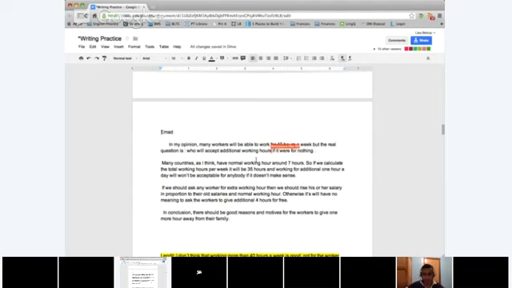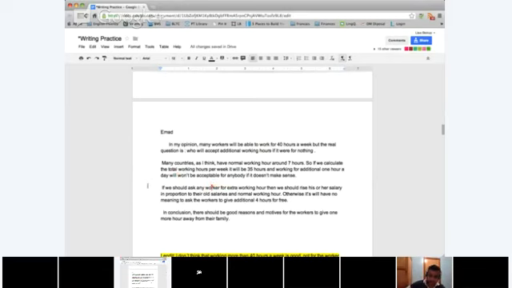Many countries, as I think, have a normal working hour around 7 hours. So, if we calculate the total working hours per week, it will be 35 hours, and working for additional hour, 1 hour a day, won't be acceptable for anybody if it doesn't make sense.